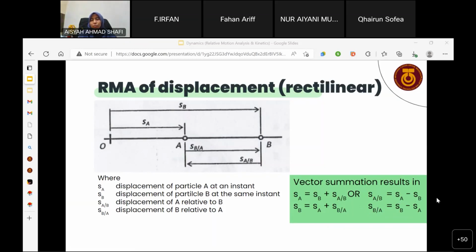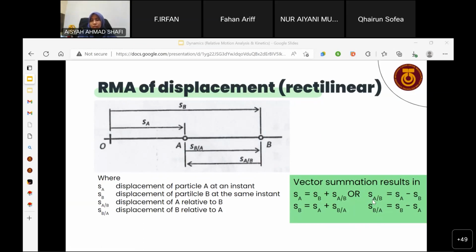Okay, for me, I like to remember this equation more compared to this one. You can use this equation or this one, actually it is the same, but somehow maybe you will be confused about which one to minus from which.